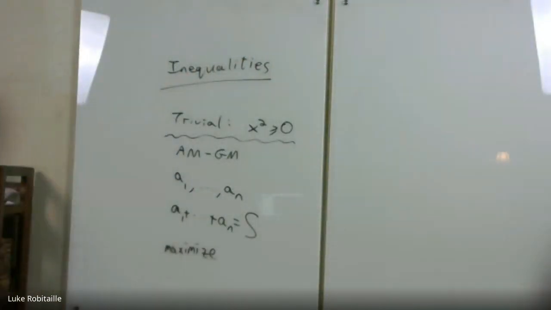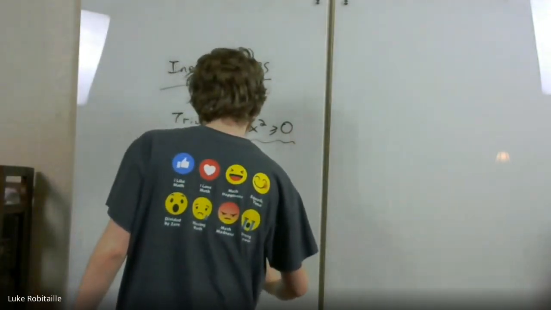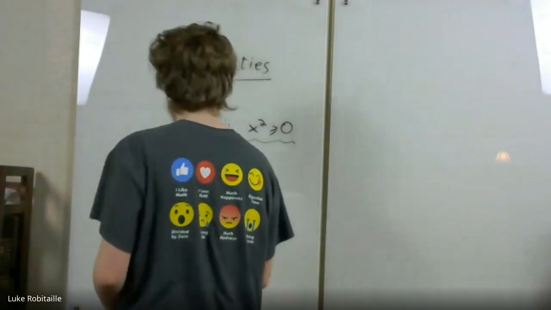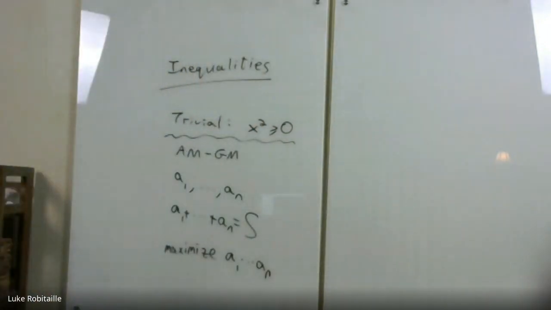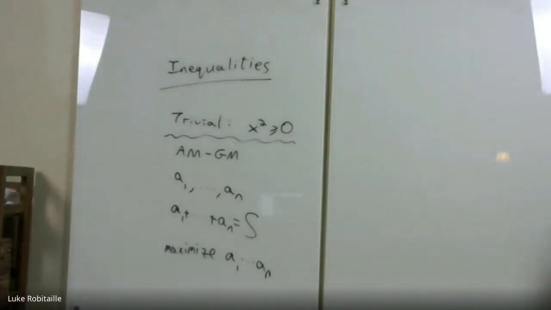So say you have some real numbers, a1 through an, and you fix their sum, and you want to maximize their product. If you play around with some examples, you could see that moving numbers closer together seems to increase their product, and moving them farther apart seems to decrease it.